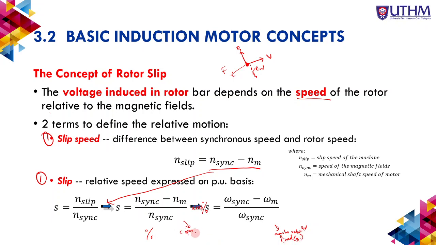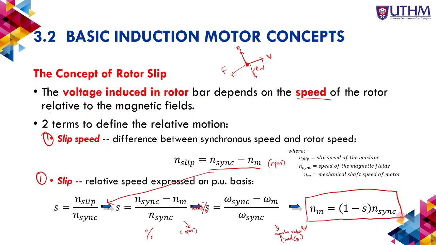This is in RPM. So the slip speed unit is RPM, while slip has no unit, because RPM divided by RPM is equal to no unit, unitless.